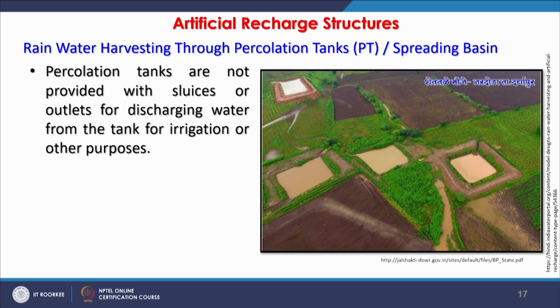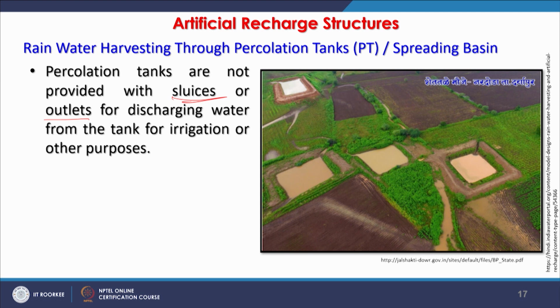Percolation tanks are not provided with sluices or outlets, which means whatever water comes should stay there. If it overflows, it will spread into adjoining areas or agricultural fields. So no extra effort or construction is required, you just allow the water to stay for a longer time and capture the surface runoff.